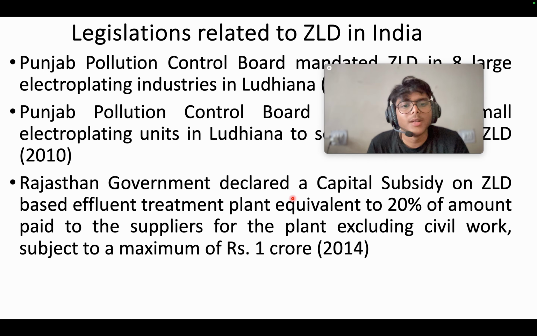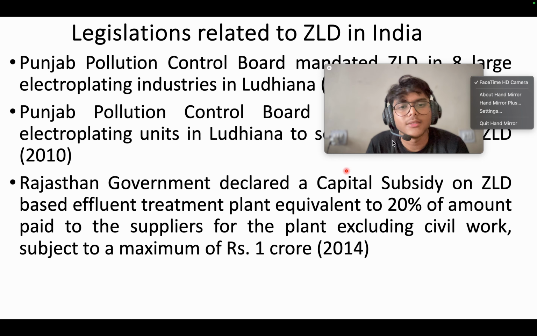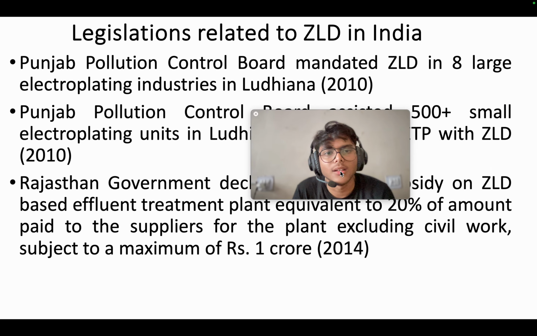The Rajasthan government declared a capital subsidy on ZLD based effluent treatment plants, equivalent to 20% of the amount paid to the suppliers for the plant, excluding the civil work, subject to a maximum of rupees 1 crore, in the year 2010. These are some legislations related to ZLD in India.